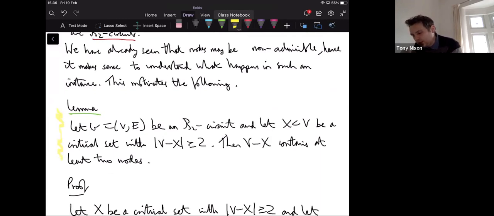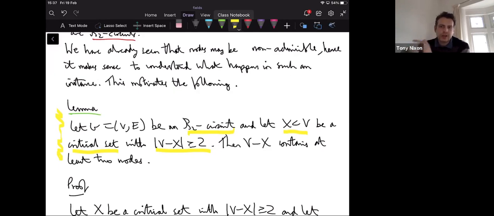Okay, so here's a helpful lemma. I take a circuit, and I take a subset of the vertex set, which is a critical set, such that there are at least 2 vertices in V that aren't in the critical set. So you want to imagine that X is a critical set which blocks a 1 reduction at some vertex.